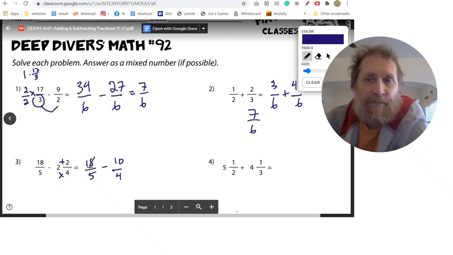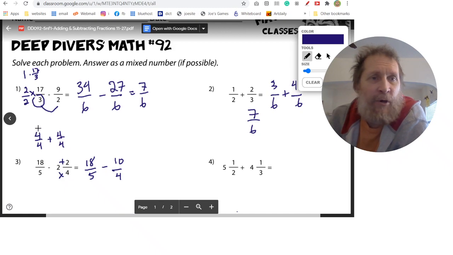fourths. Now, the reason that I do that when I'm looking at a mixed number is that if I'm looking at this as something over 4, well, 2 is like 4 over 4 plus 4 over 4. Because remember, any number over itself is 1. So 4 fourths is 1.